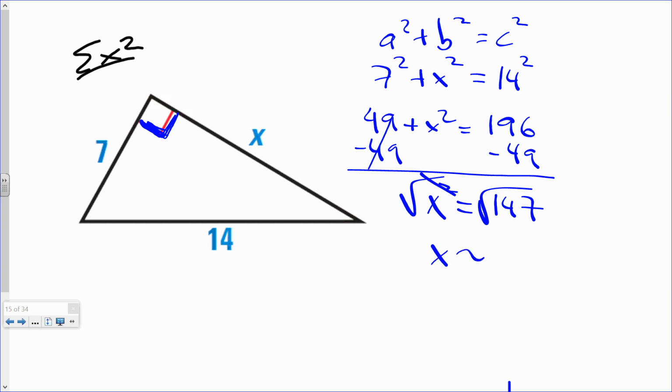So x is approximately, to the nearest 10th, not the second decimal, the first. So 12.1? Yeah, 12.1. Approximately 12.1 to the nearest 10th. That's it. We solve for this leg. Okay, we solve for the leg in this case.